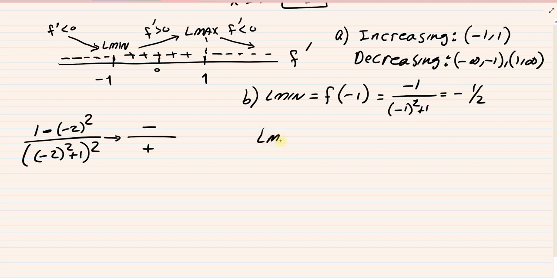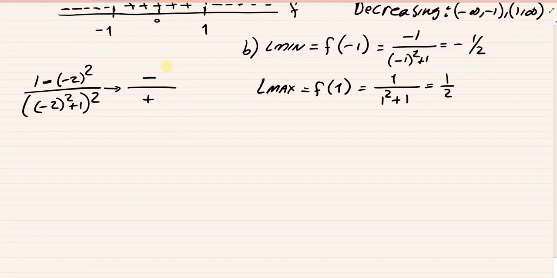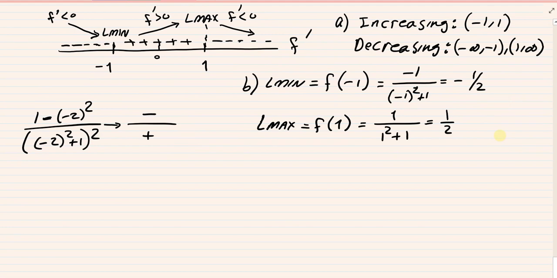The local max is going to be f at 1. Again, f at 1 is going to be 1 divided by 1 squared plus 1. That's 1/2. So those are the local min, local max. Remember, those are the values of the function. And that's what we did.